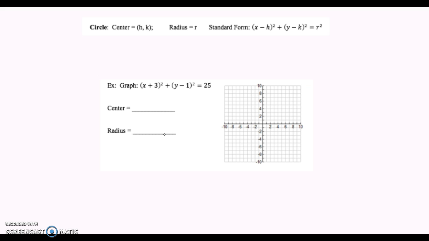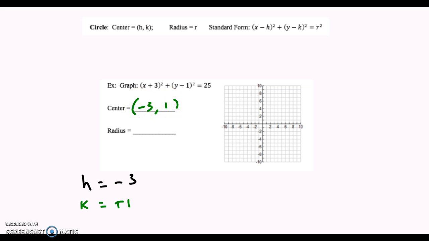Well, the h value is going to be negative 3, because the equation has already subtracted that value, which means h was negative 3. In simpler terms, you just take the opposite sign inside the parentheses. The k value should be a positive 1, which means your center is going to be at (−3, 1).